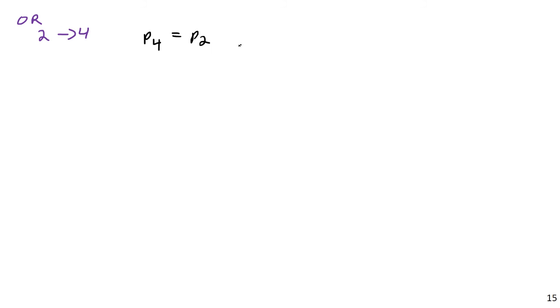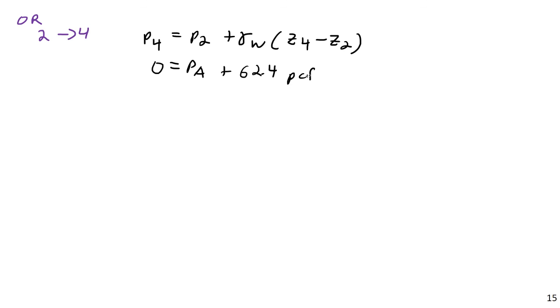P4 is equal to P2 plus gamma of water times Z4 minus Z2. Then replacing P2 with PA, 0 equals PA plus 62.4 pounds per cubic foot times a difference in height of negative 3 feet, again keeping the sign convention.